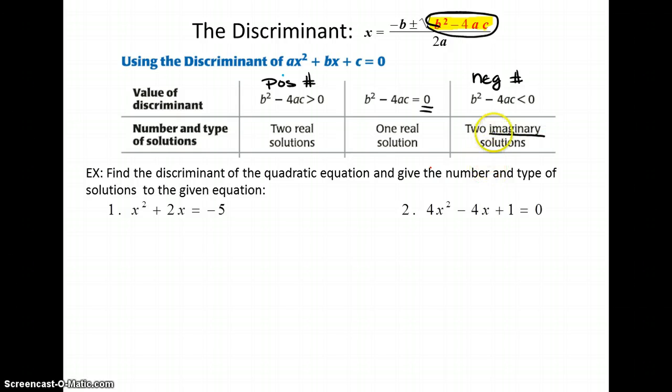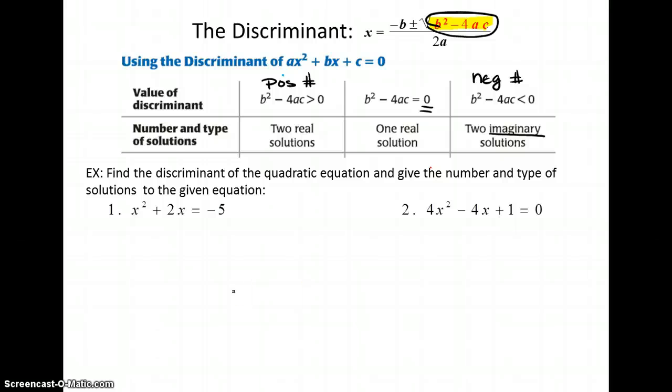Why? Well, if I get a negative number in here, then I'm going to have an i. Automatically, I know I'm going to have 2 imaginary numbers. If I get 0, I'm not adding anything and I'm not subtracting anything. So I should just have 1 answer here. And then for 2 real solutions, working backwards, if this was a whole number, then when I took the square root of it, just like we did in the first example, I should have 2 solutions.